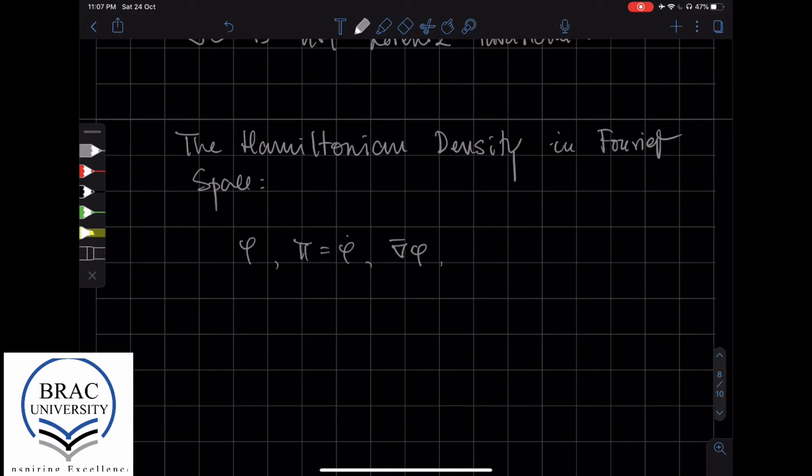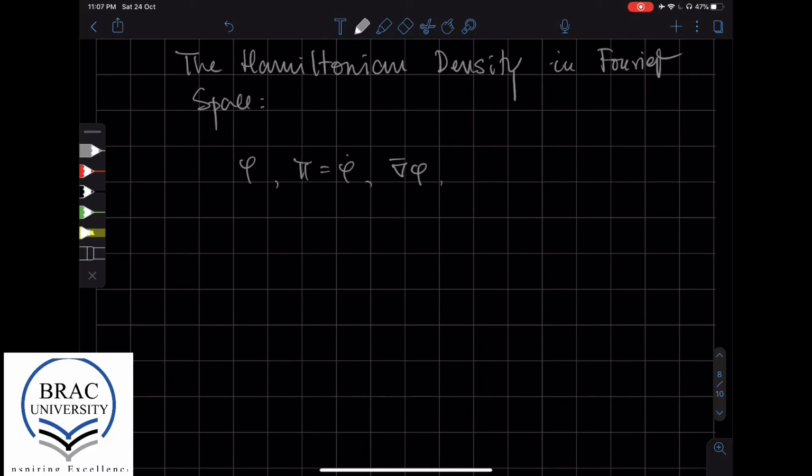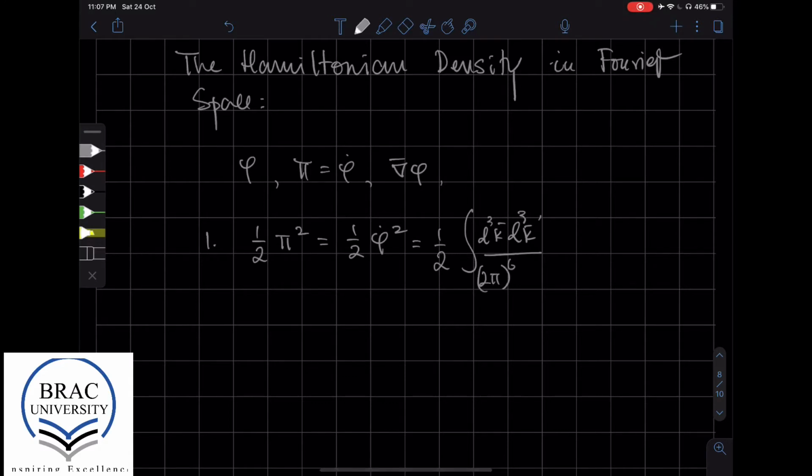So the Hamiltonian has three terms. Number one, the first term is the term where the Hamiltonian density is half of pi squared, and then we can write this as an integral over two momentum integrals, and then we have the usual factors over here.